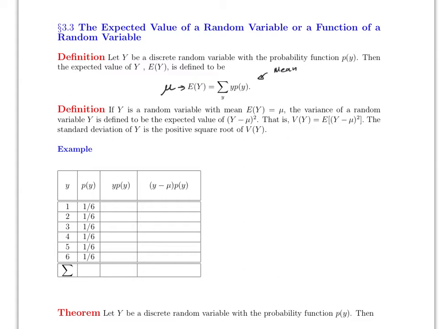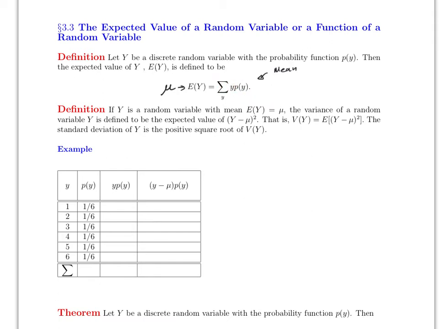So expected value and mu for a random variable are the same thing, and it is defined to be the sum over all the values of y of y times the probability. So you multiply y times the probability that the random variable is equal to y, and just add all of them. This is a straightforward calculation.